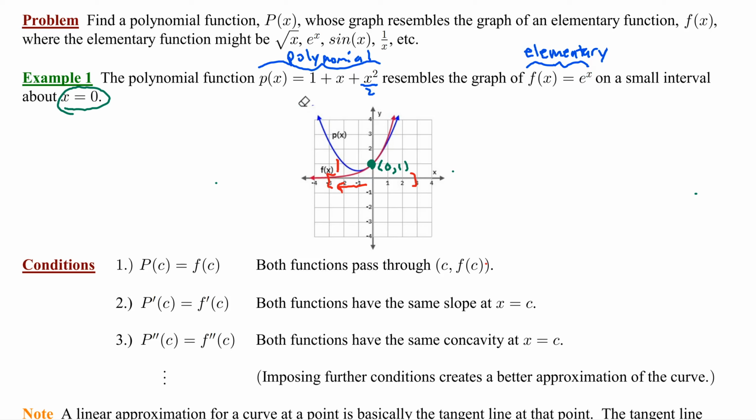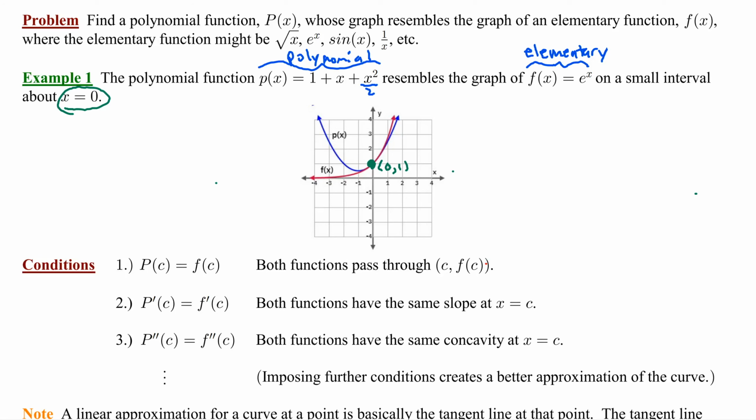I could only use that polynomial as a replacement on a very small interval around x equals 0. So in example 1, the polynomial function was given to us for comparison to the elementary function e to the x. But suppose that we wanted to find a polynomial function to replace e to the x.